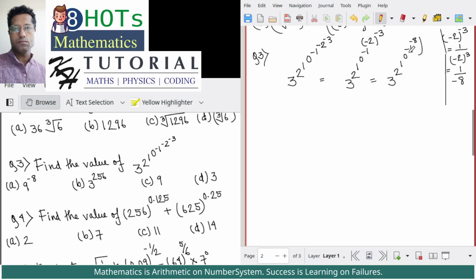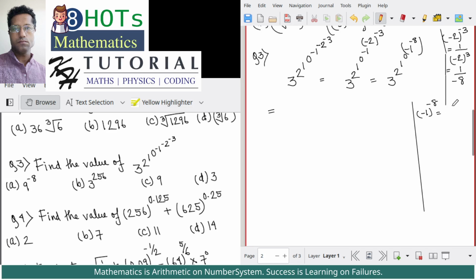So what is the power of 0? The power of 0 is the number which is minus 1 raised to the power minus 8. Okay. So what is minus 1 raised to the power minus 8? Whenever you see a negative power, you take the reciprocal of the base and the power becomes positive.